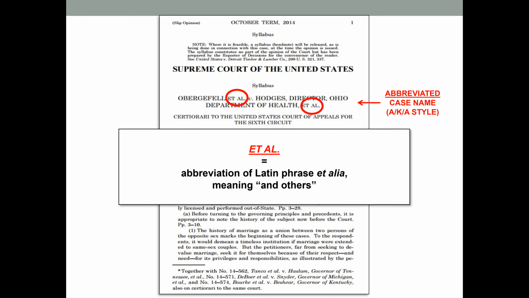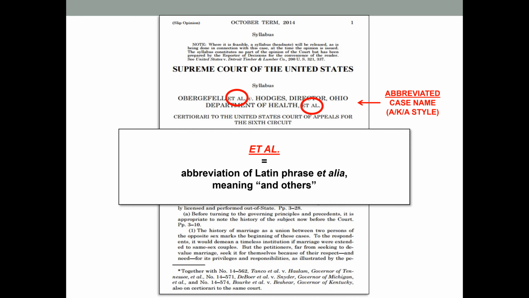So when you see the phrase et al after a name, especially in a case name, it is telling you that one of the parties is named specifically, but there are other parties that normally, for the sake of space, their names have been omitted.